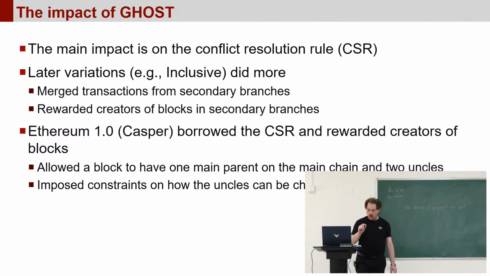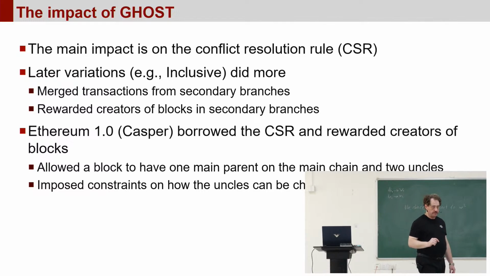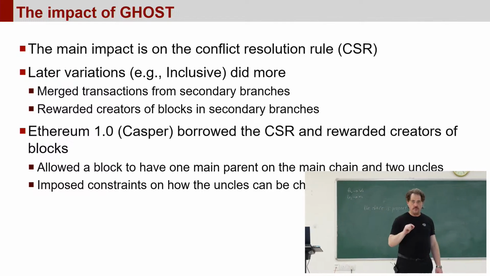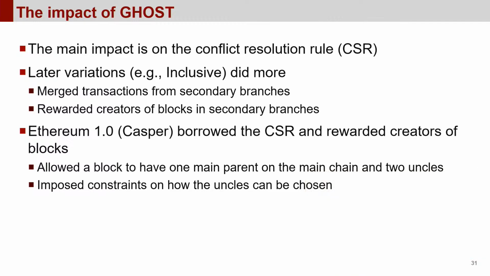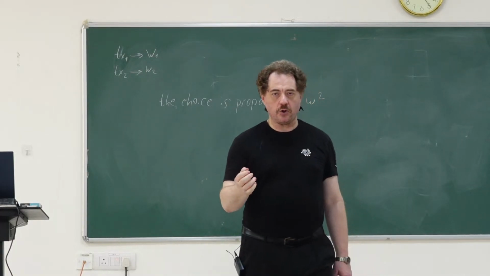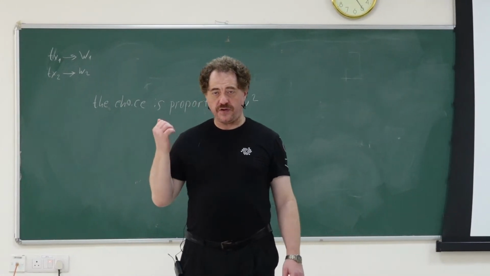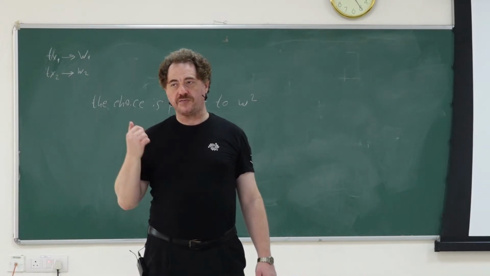They rewarded creators of blocks in secondary branches. For example, in Ethereum, before Ethereum switched to proof of stake, they had the concept of uncles. This concept comes from Inclusive.